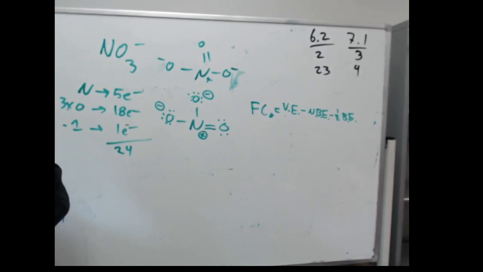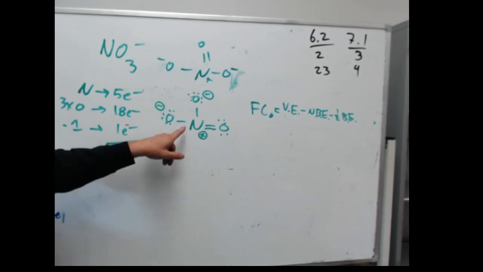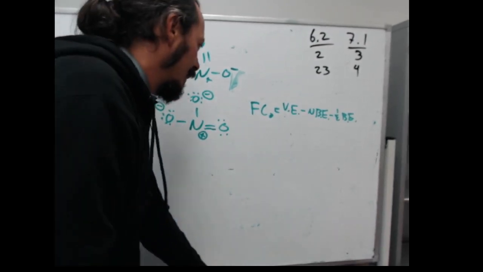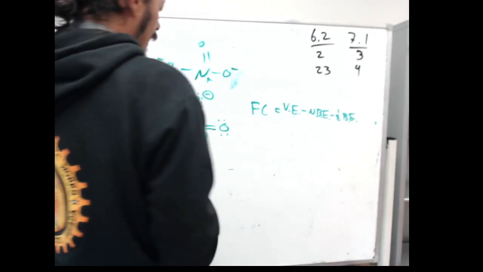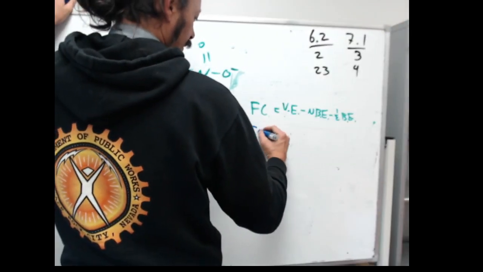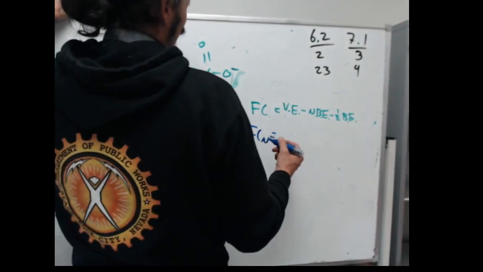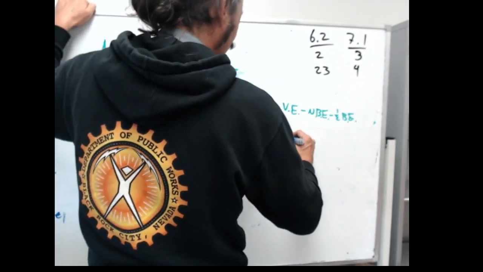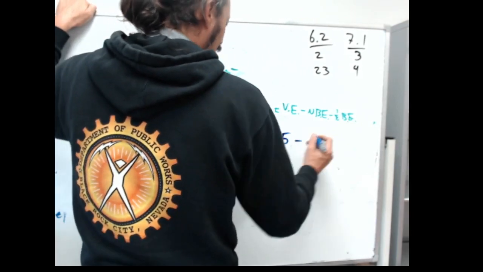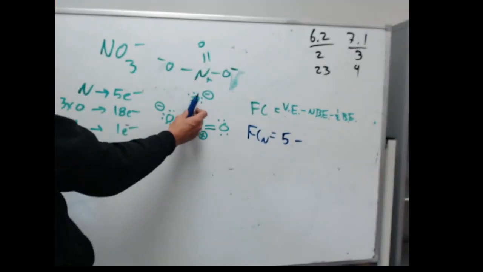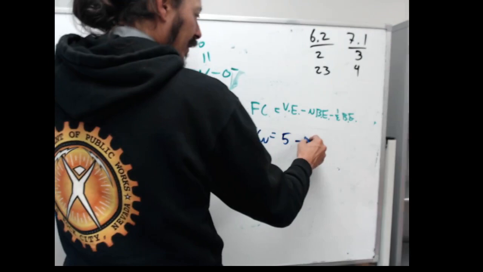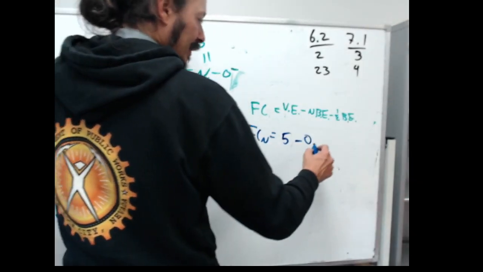So we have to do this on each atom. Let's do nitrogen for example. If I do the formal charge on nitrogen, how many valence electrons does nitrogen have? It's got the 2 s and the 3 p's. That's 5 valence electrons. With 4 bonds to it, it's got no lone pairs. So that's 0 non-bonding electrons.